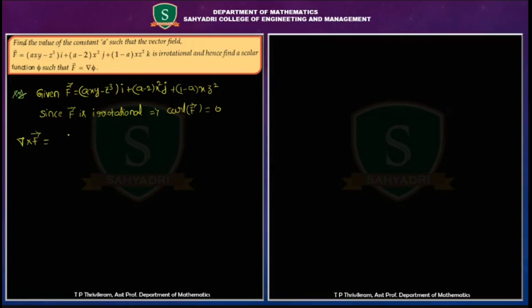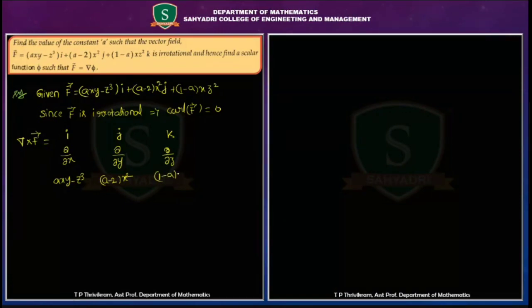is equal to the determinant with I, J, K, then dou by dou X, dou by dou Y, dou by dou Z. Next, the I quotient, that means AXY minus Z cube, here A minus 2 into X square, next 1 minus A into XZ square.